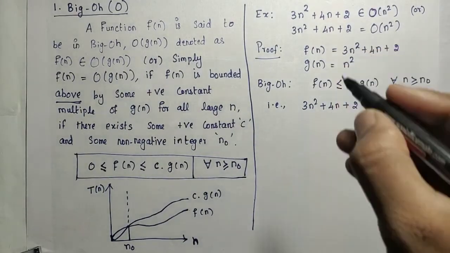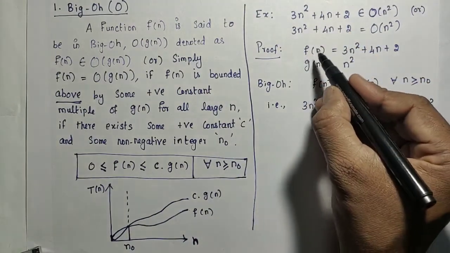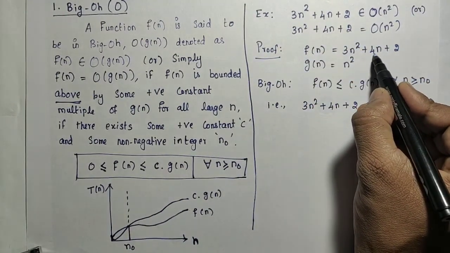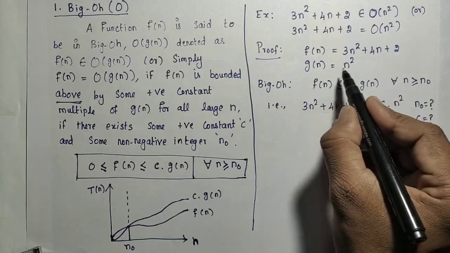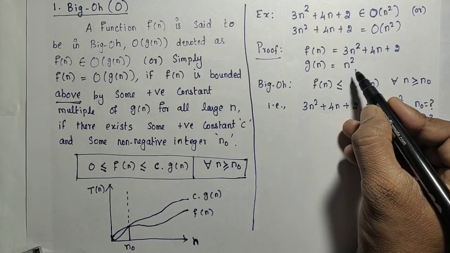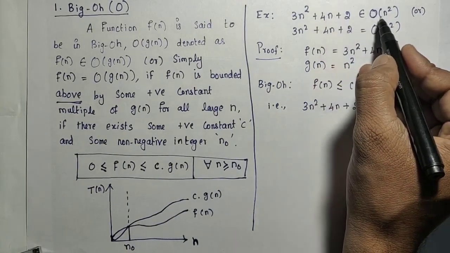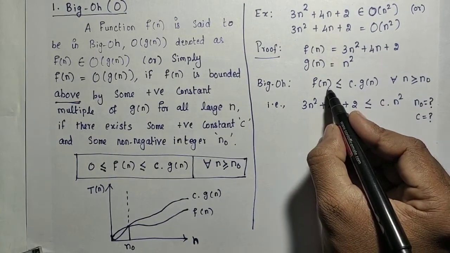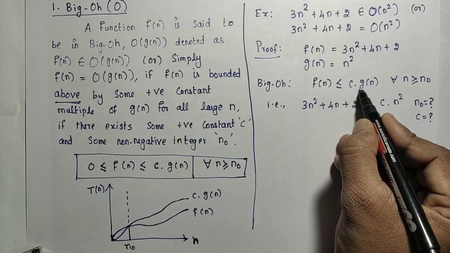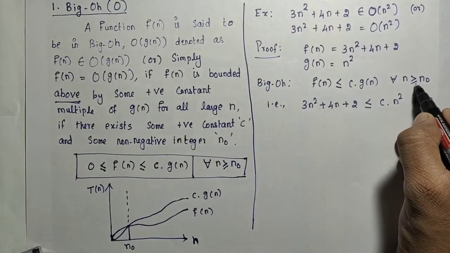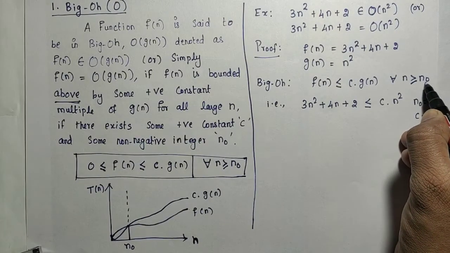How can we prove it? Let us consider first that f of n is 3n squared plus 4n plus 2, and g of n is n squared. If we need to prove that f of n belongs to O of g of n, we need to prove that f of n is less than or equal to c into g of n for all large n values.